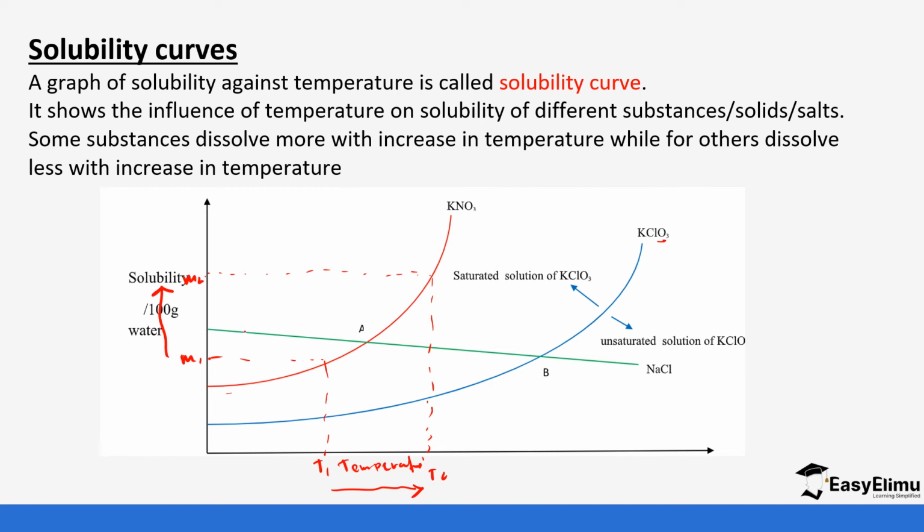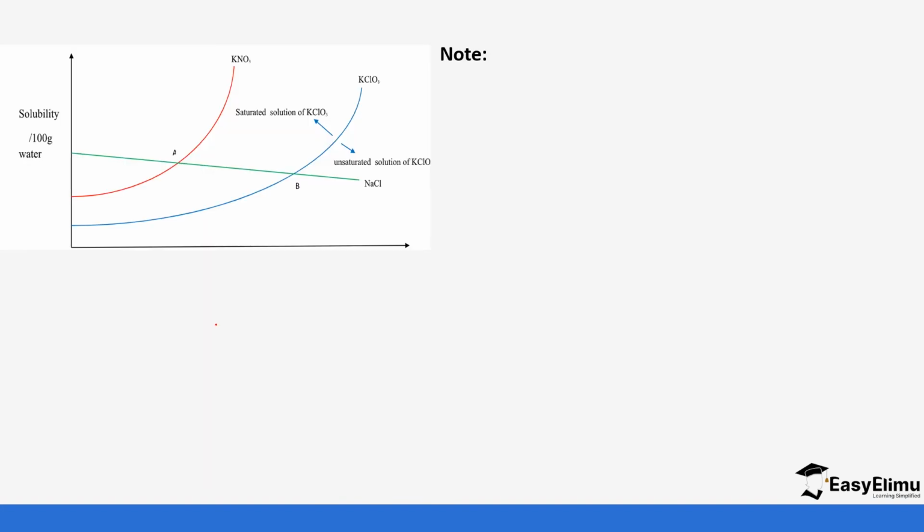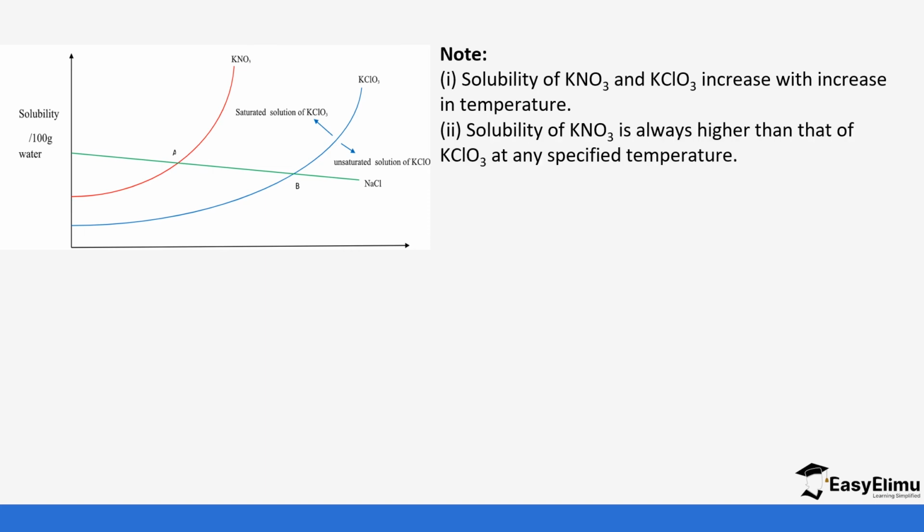This is different from sodium chloride, which goes in the opposite direction. So as the temperature increases, you can see the solubility is going downwards. So solubility of potassium nitrate and potassium chlorate increases with increase in temperature.